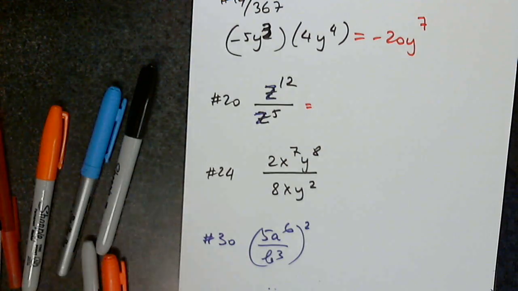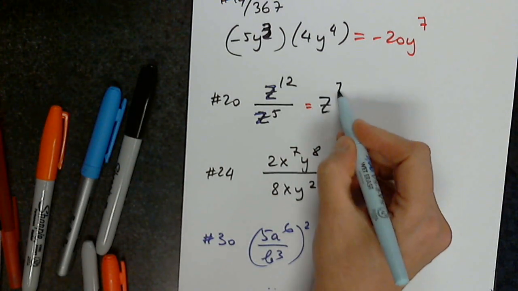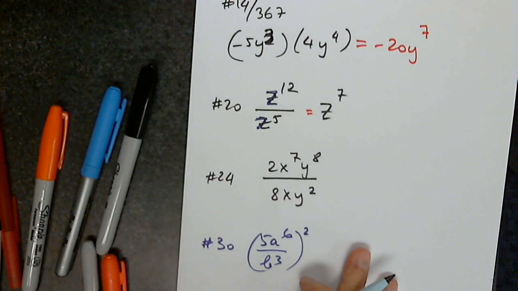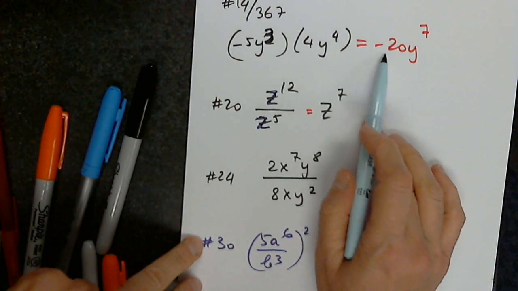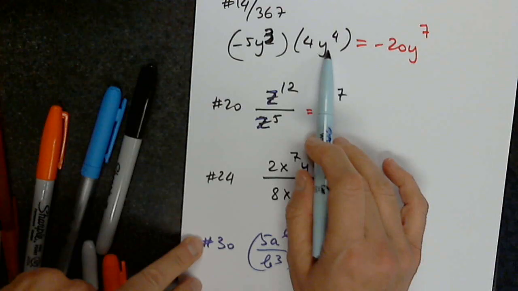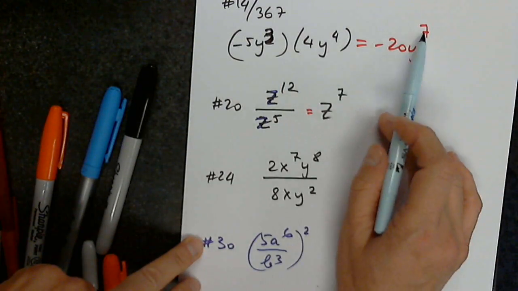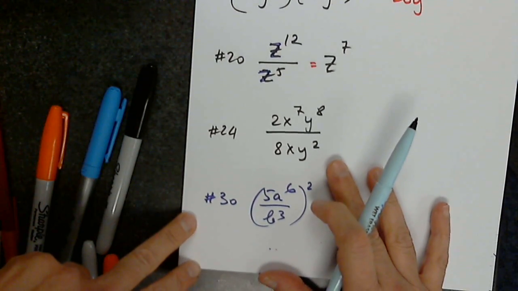Can you show me how you got 14? Yeah. Negative 5 times 4 is negative 20. Y to the third times y to the fourth, I copy the base and add the exponents. I think it's totally wrong.